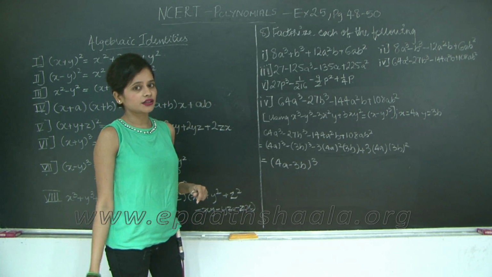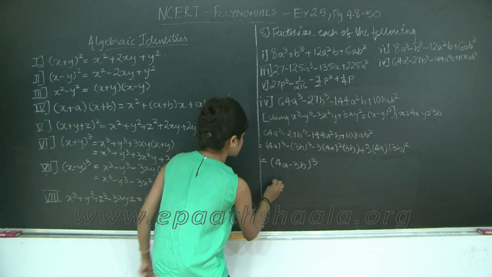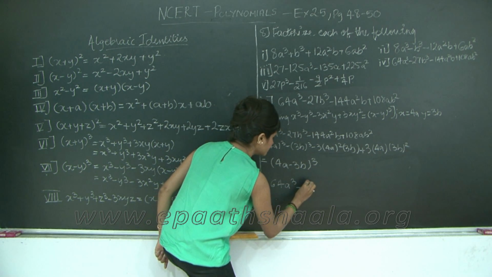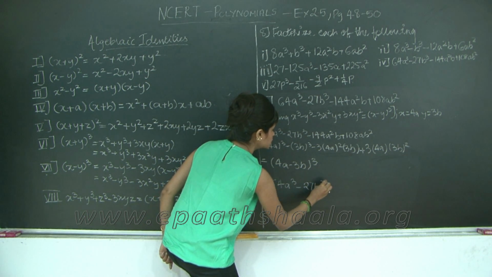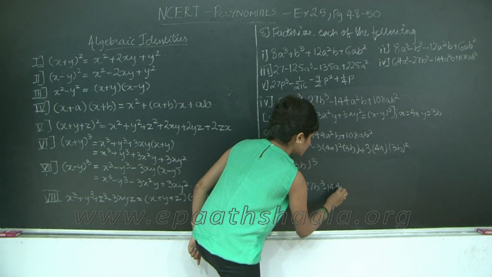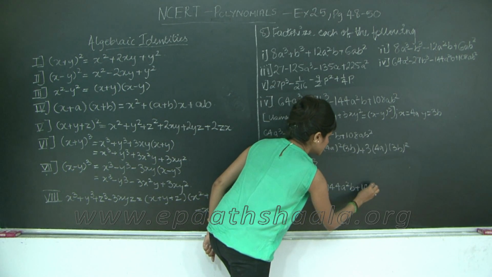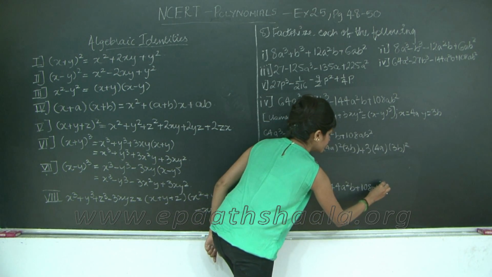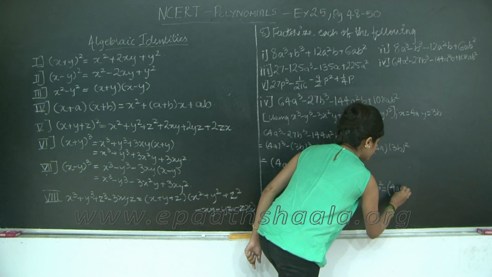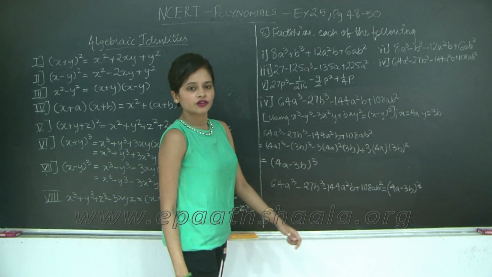Let us write our answer in the question answer format. So this is going to give me 64a cube minus 27b cube minus 144 a square b plus 108 ab square is equal to 4a minus 3b the whole cube, right?